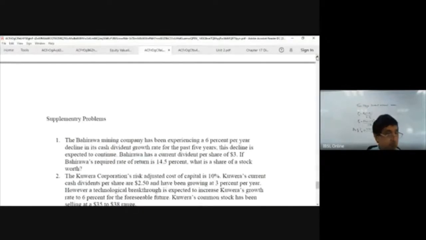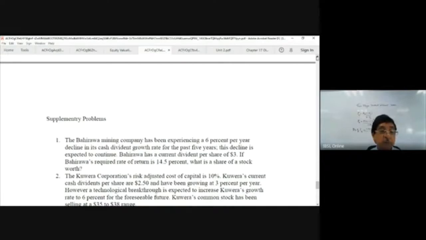Now we have already completed the discussion of the one-stage dividend discount model and the two-stage model. And you all know the conditions on which we apply each. In order to apply the one-stage model, the required rate of return has to be higher than the growth rate of dividends.